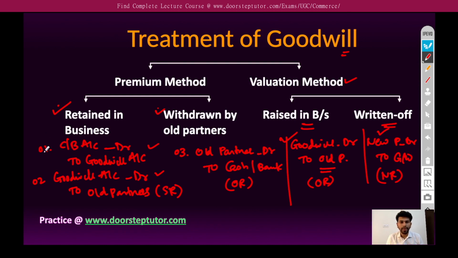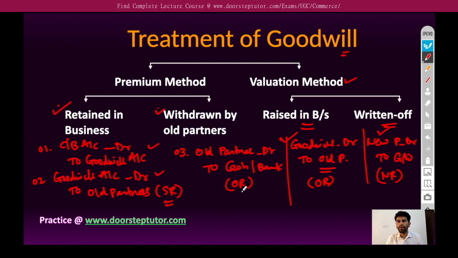The entry will be goodwill account debit to old partners capital account, and the amount will be distributed in sacrifice ratio. If the amount is withdrawn by old partners, then the entry will be old partners capital account debit to cash or bank account, and the amount will be distributed in old ratio.